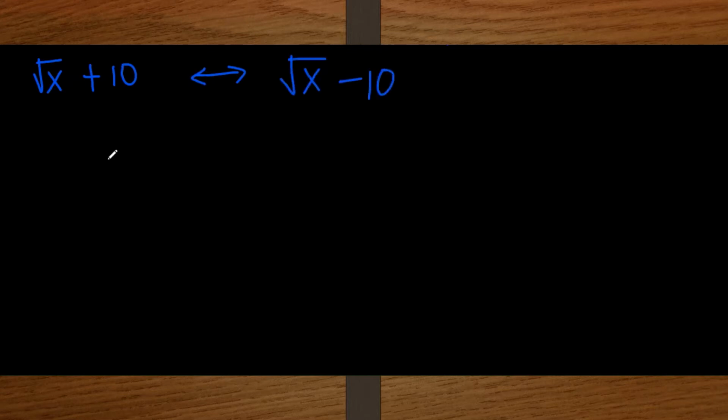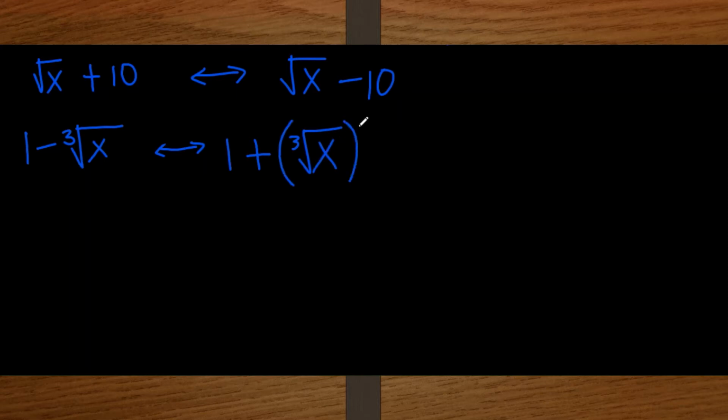But when we encounter cube root, fourth root, fifth root, seventh root like that, let's say 1 minus cube root of x, its conjugate will now be first from subtraction to addition. So we have cube root of x. So our assumption here is this is raised to 1 plus cube root of x. This is raised to 2.